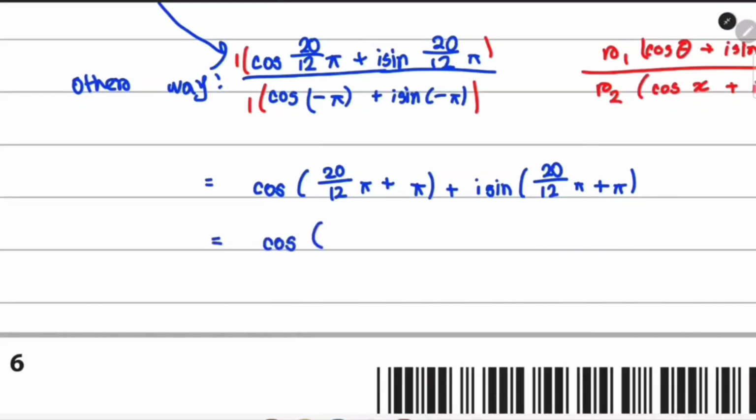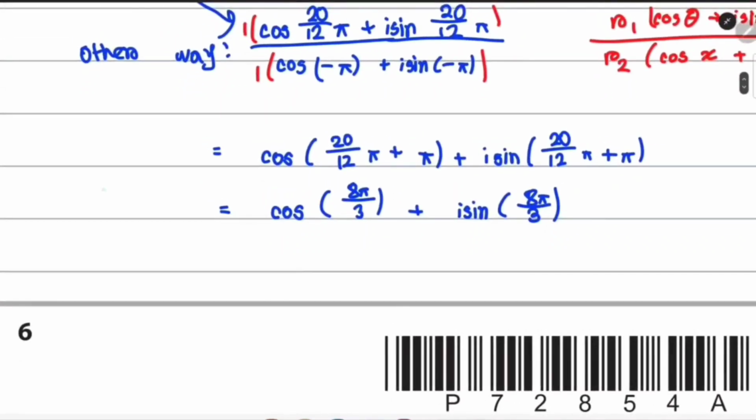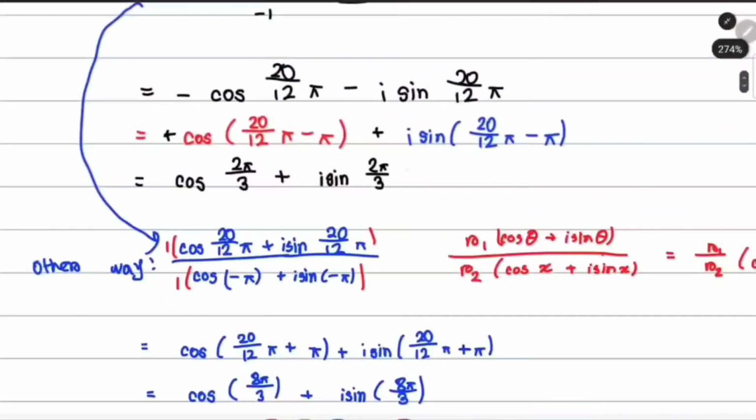This would have been cos 8 pi by 3 plus i sine 8 pi by 3. And now we know that cos 2 pi by 3 is equal to cos 8 pi by 3, and sine 2 pi by 3 is equal to sine 8 pi by 3. And then you could have written it in this form.